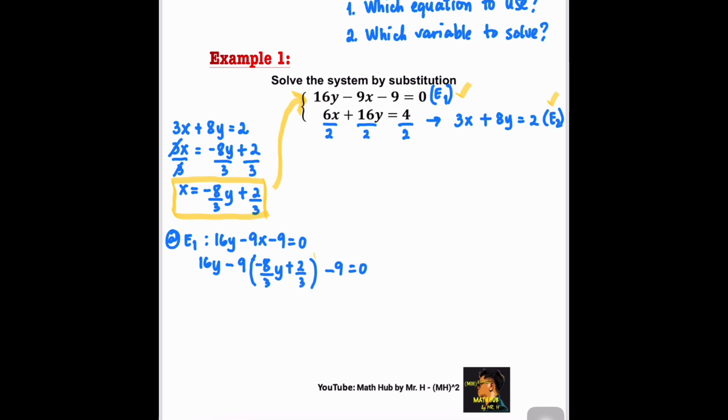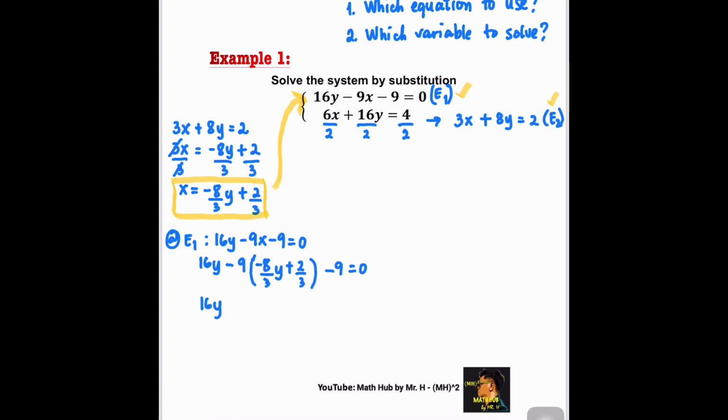You can see why it became like this, because that came from here. So that's substitution: we replaced the variable x in the first equation by what we got from the second equation we picked from the beginning. And then we carry on simplifying this. So we copy 16y.